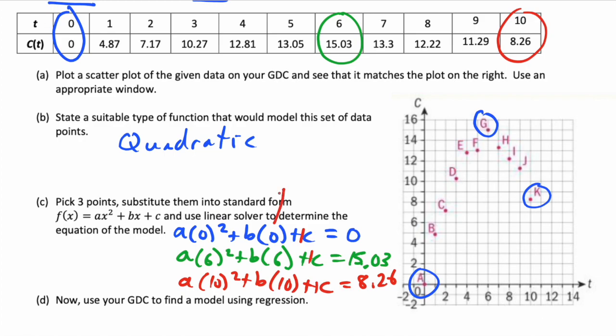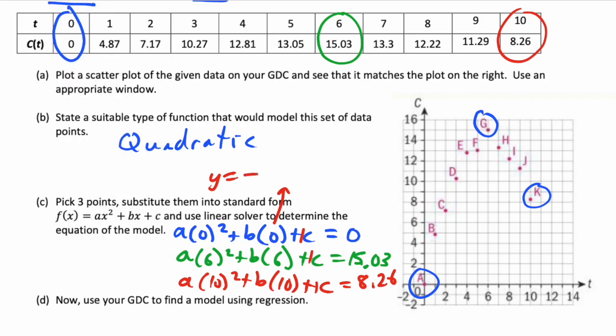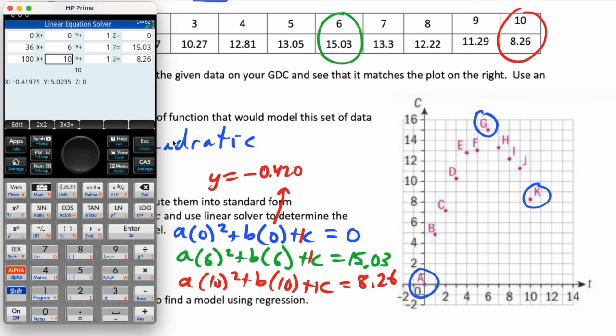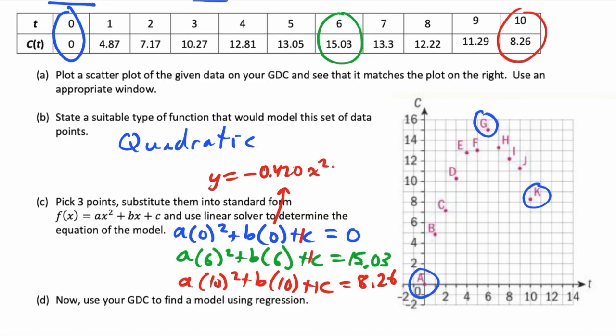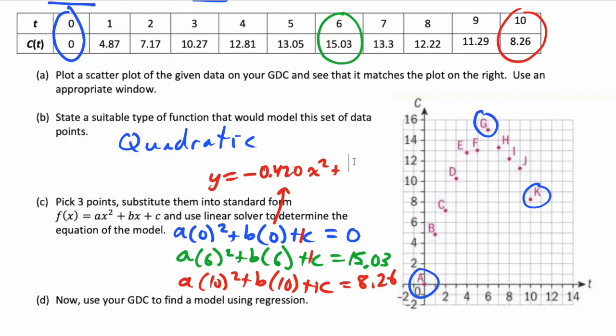So our model is y equals negative 0.420, if you round to 3 significant figures, x squared plus the B value, 5.02x, and then plus 0 at the end.